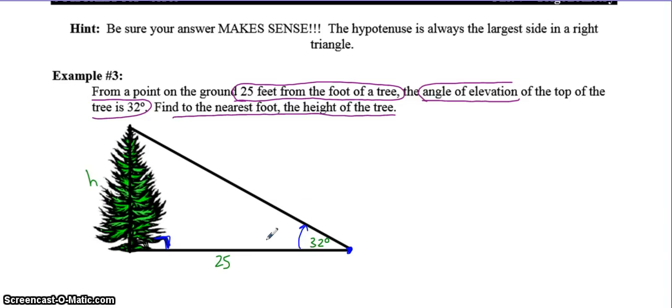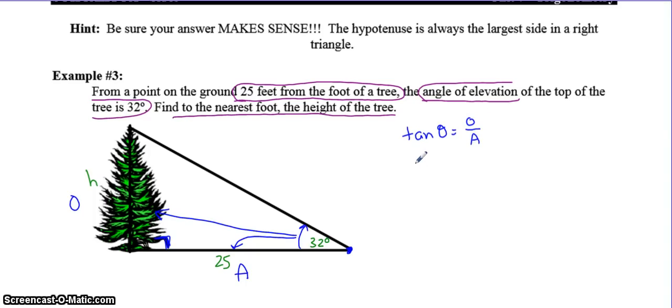So the side we know is the adjacent side. The side we are trying to figure out is the opposite side. So that means we are going to be using tangent. So tan theta equals opposite over adjacent.